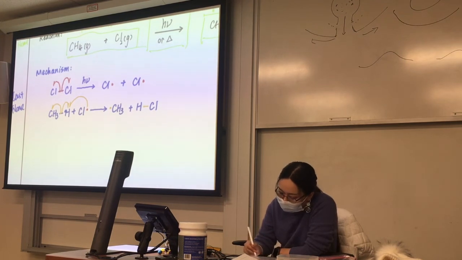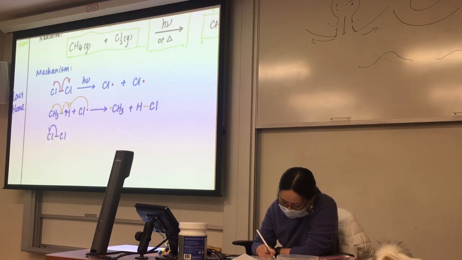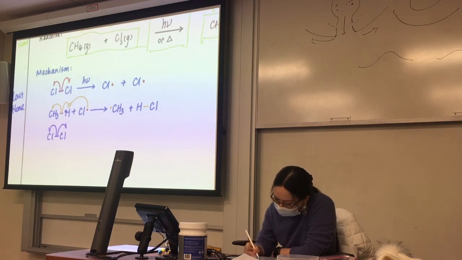All right, so here comes another chlorine. I will label it with a different color. This time it's purple. My CH3 with the yellow radical from the previous step is coming over.